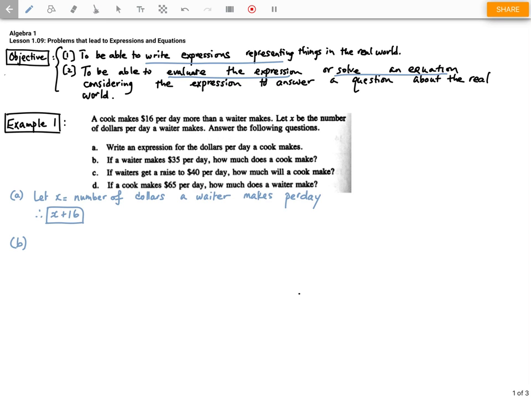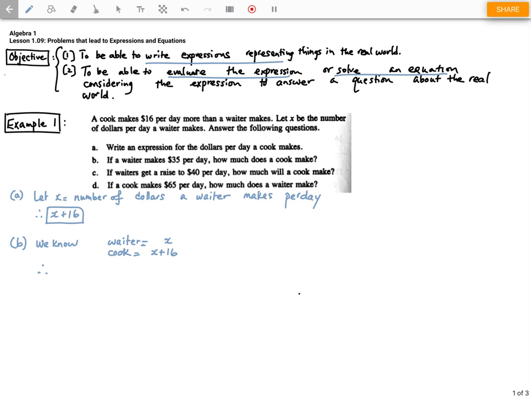1B, if a waiter makes $35 per day, how much does a cook make? So we know waiter is represented by X and cook is represented by X plus 16.